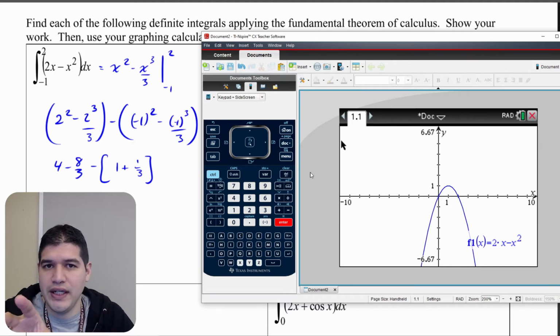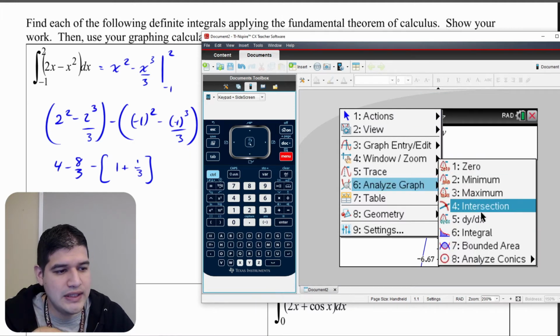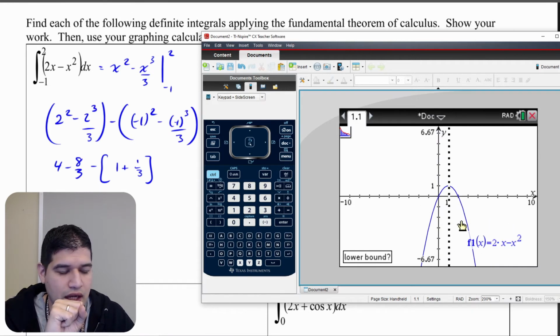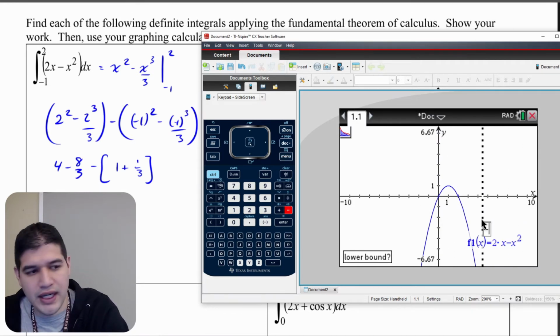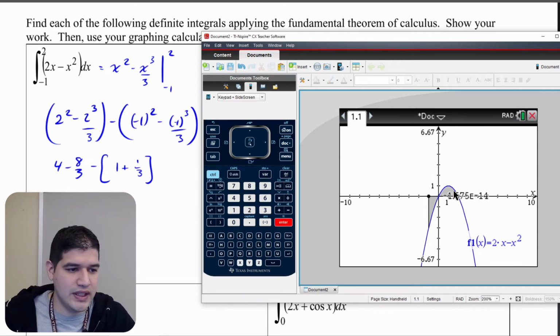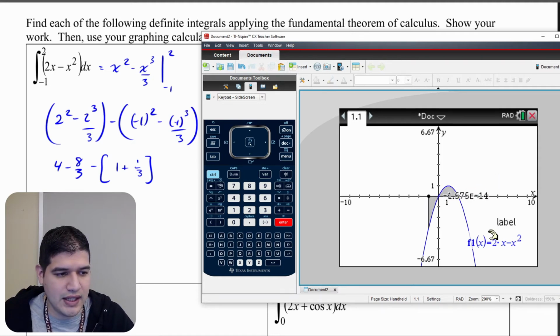Just like when we are finding the derivative, we're going to go menu, analyze graph, and you see here that we do have integral now. Of course we can click and drag, but I'm just going to type in -1 for my lower boundary, and +2 for my upper boundary. You can see that these are the areas bound here by the x-axis.